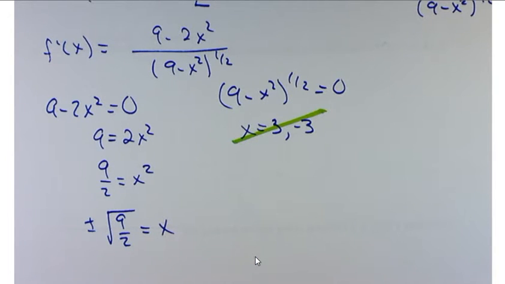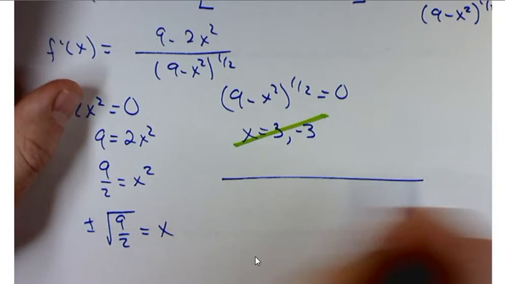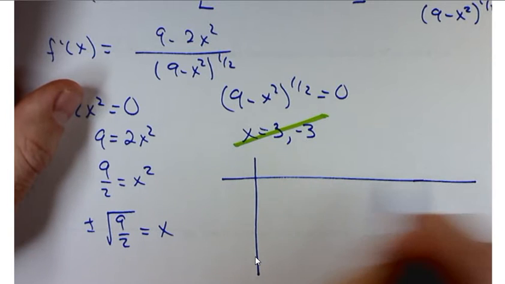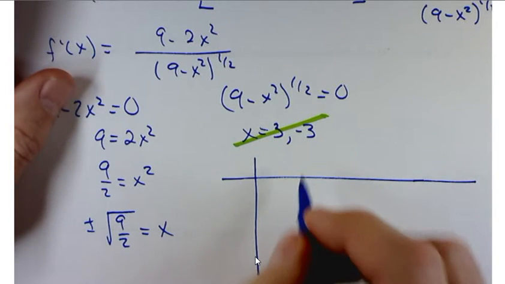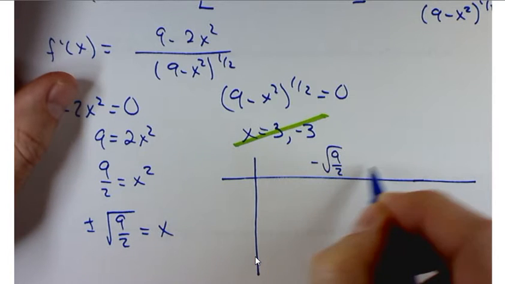Let's make ourselves a little bit of a chart here. So at negative square root of 9/2 and positive square root of 9/2, we've got x, f, f prime.